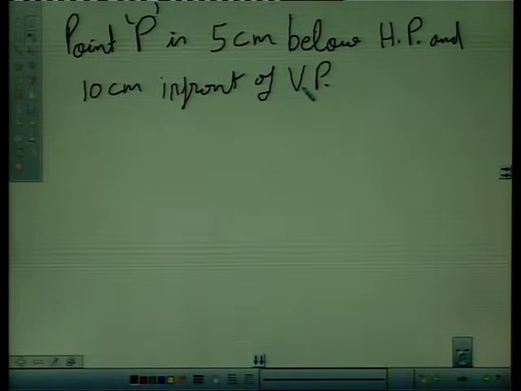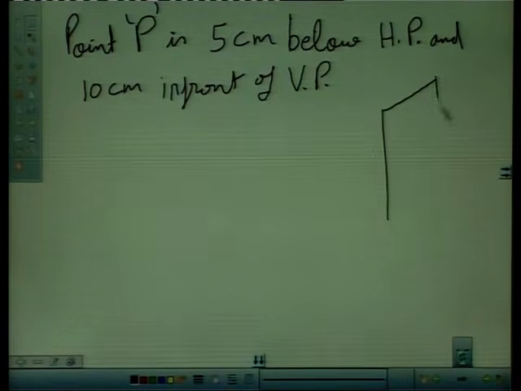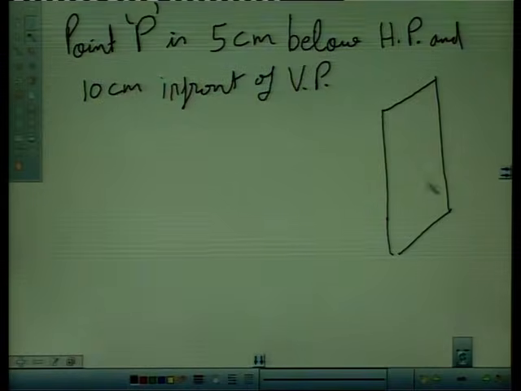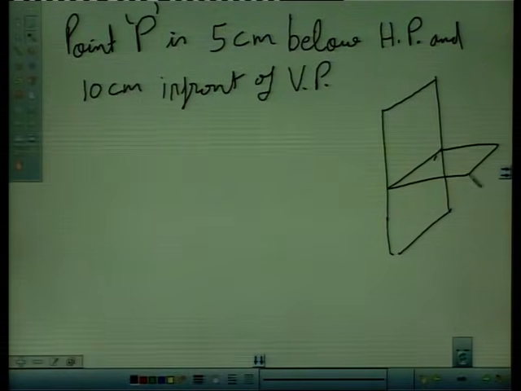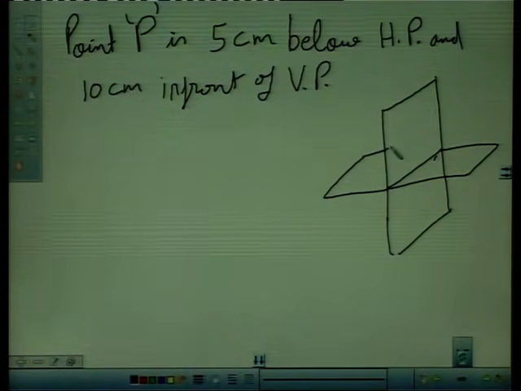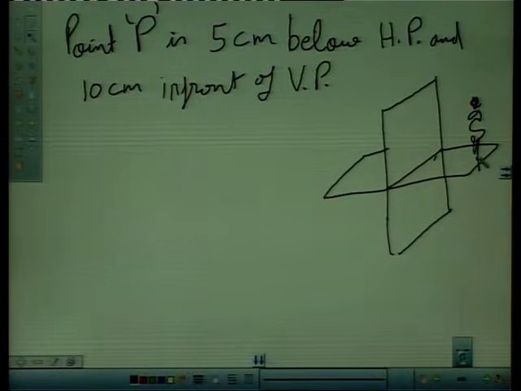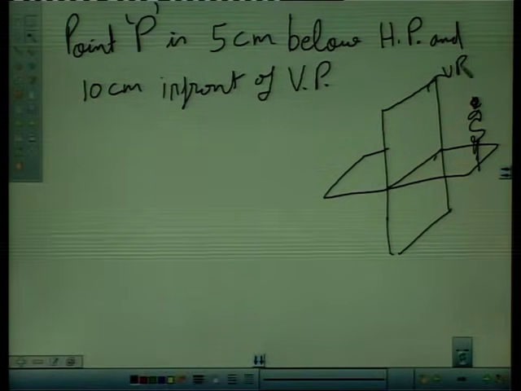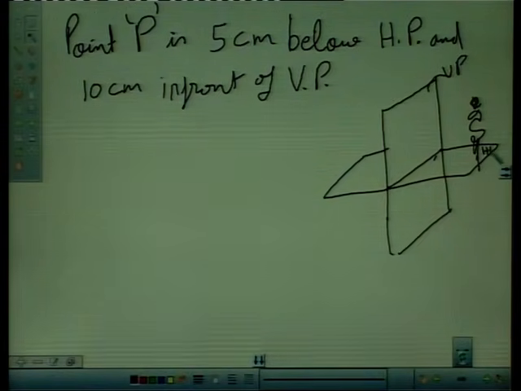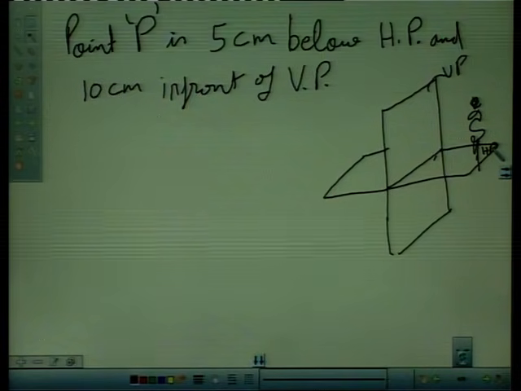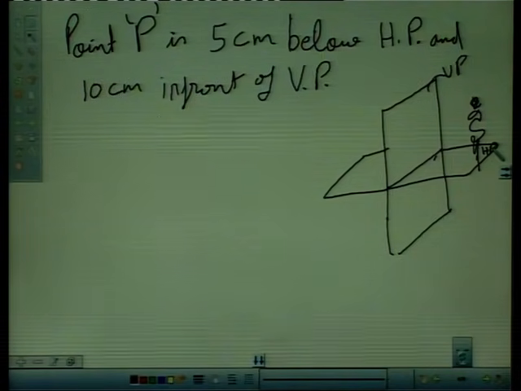Again draw a rough sketch of all the quadrants. So these are 4 quadrants and you are standing here. This is VP, you are standing on HP facing vertical plane.